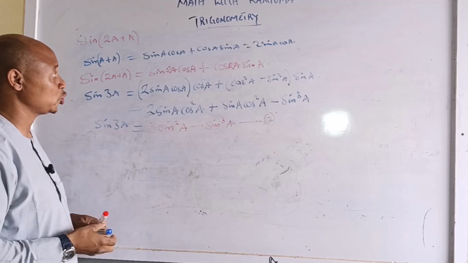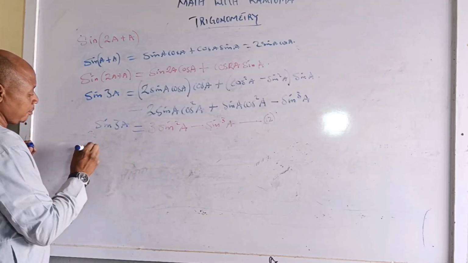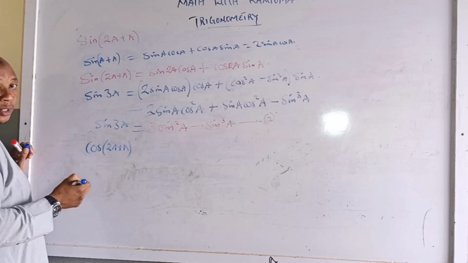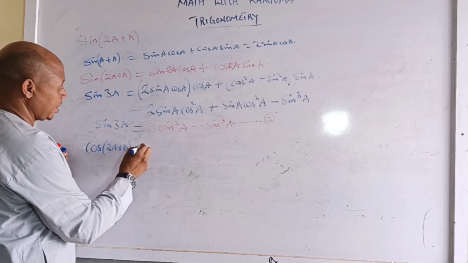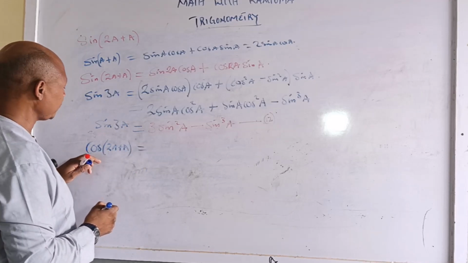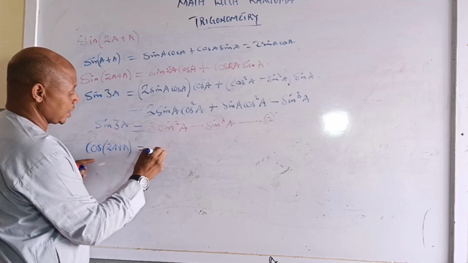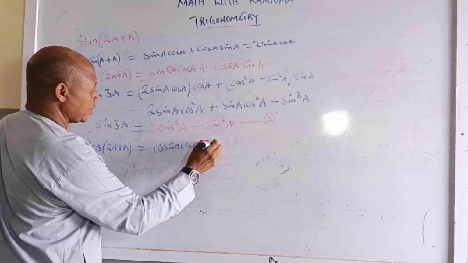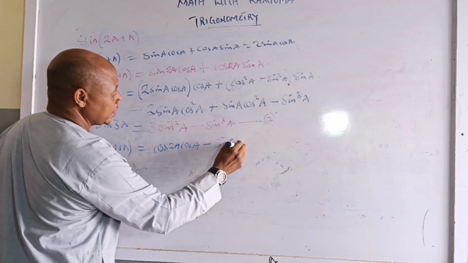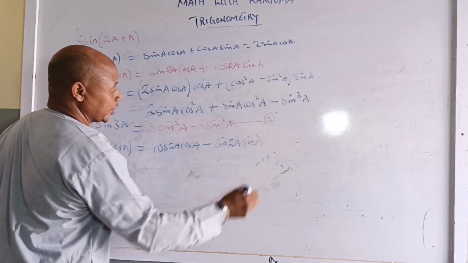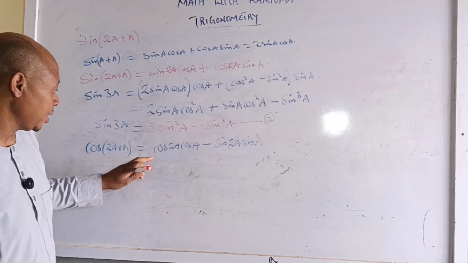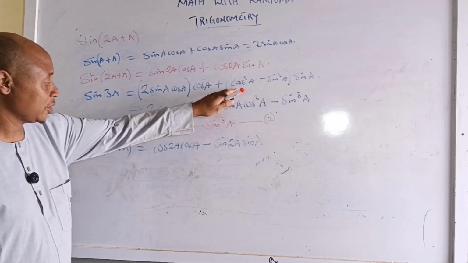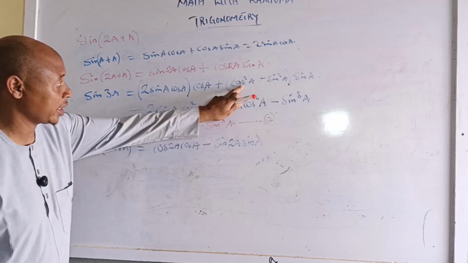Then next we go to the triple angle for cosine, meaning cos 2a plus a. This is a double angle. The double angle for cosine is given by what? We say cos 2a plus a is given as cos 2a cos a minus sine 2a sine a, using the sum formula, right? So now, remember the value for cos 2a, we said is given as this. So now substitute, instead of writing cos 2a, I can write this one.